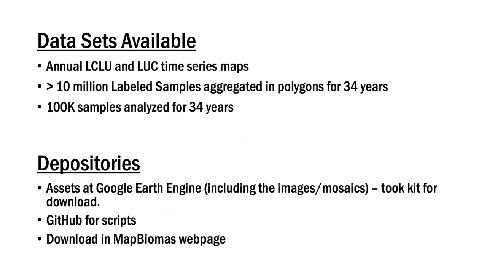And we have the 100K samples analyzed for the 34 years. The way it's available today is as assets on Google Earth Engine. So the annual land use and time series is open. It's there, you just go and check.